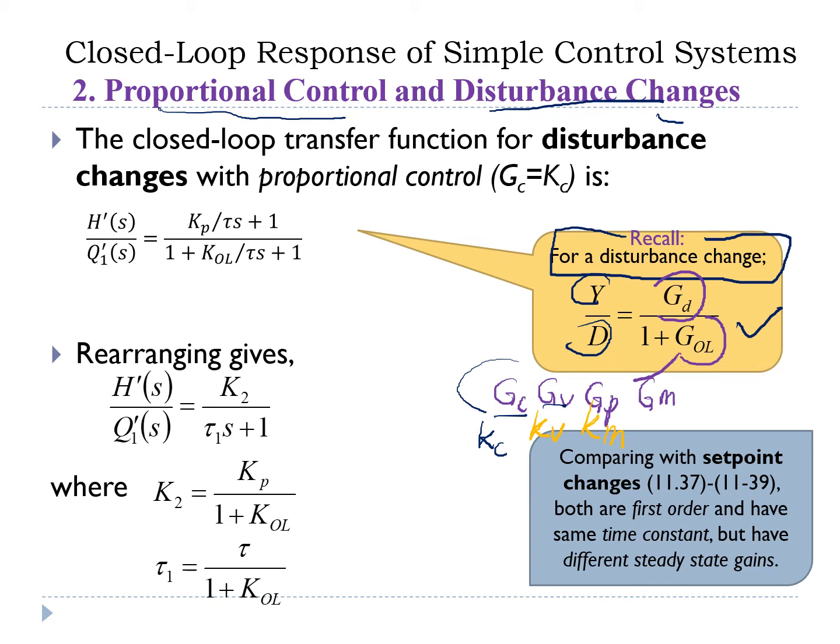And GP equals KP over tau S plus 1. You also derived GD from the mass balance, where GD equals Kd over tau S plus 1. You just substitute and you get this equation, where KOL is equal to KC, KV, KM, and KP.